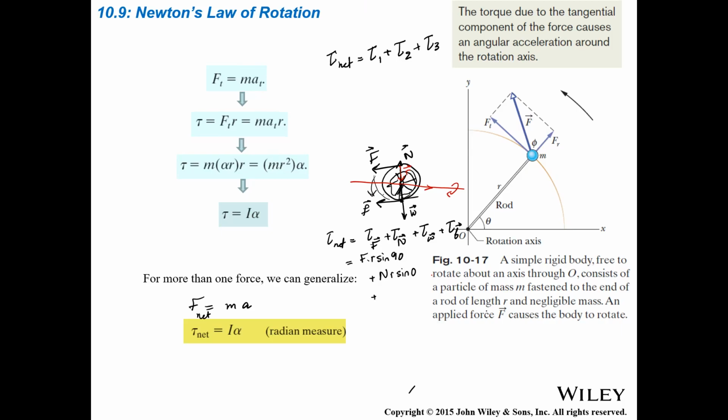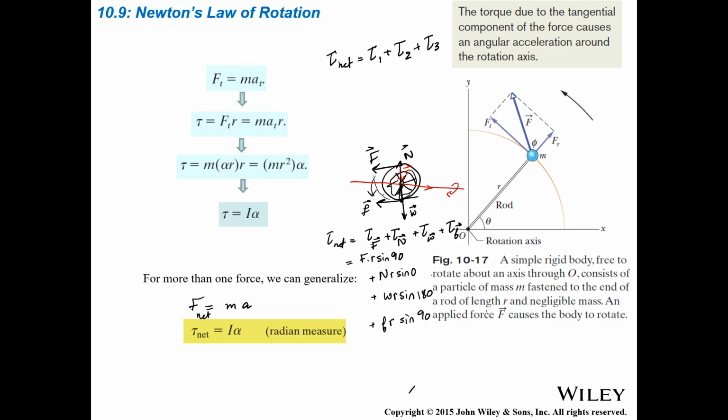I'll add the weight force, W R sine. Weight is downward, R is upward. The angle between them is 180, which will also give 0. I'll add the torque of the friction force. The friction is in this direction, R is up, and the angle is 90.